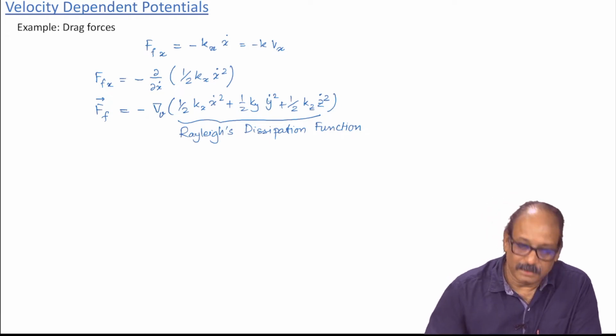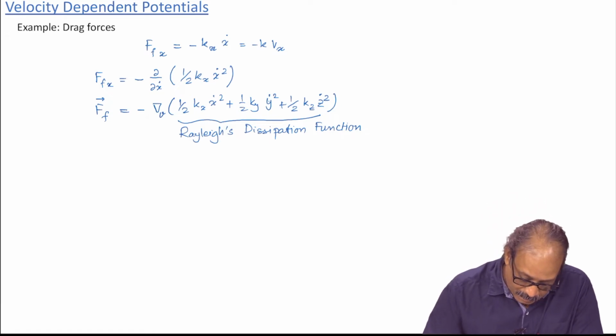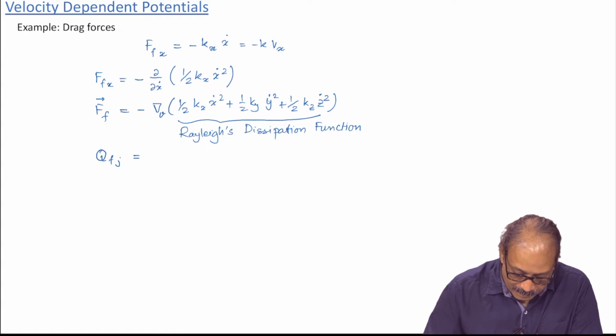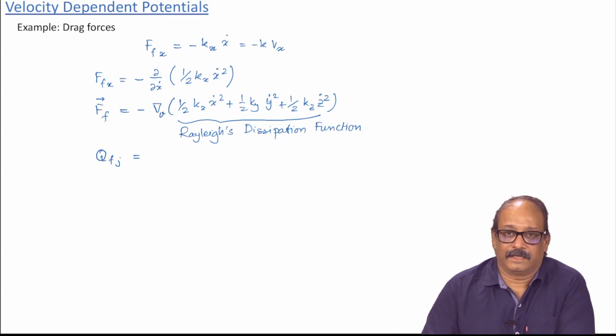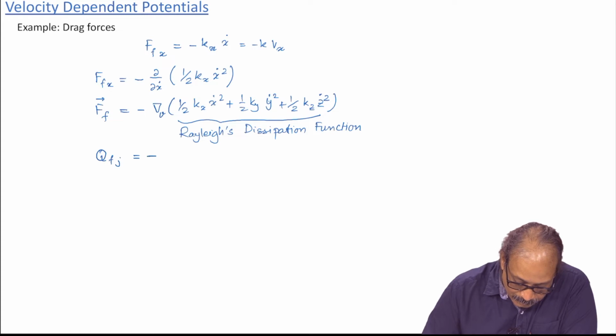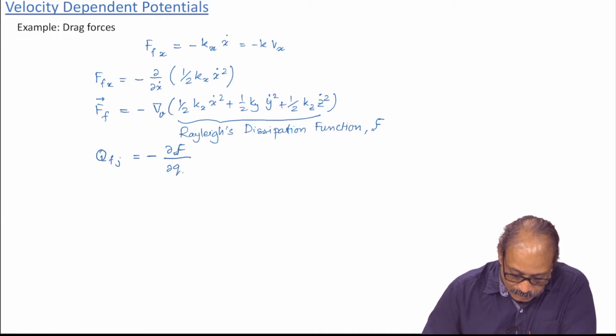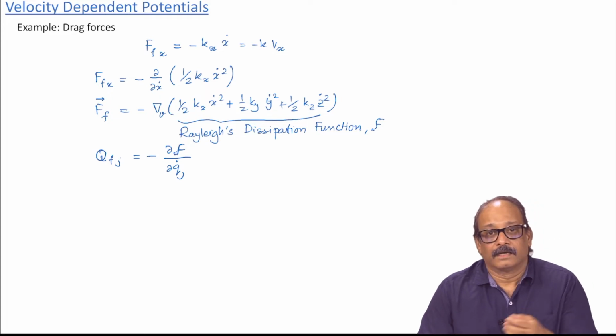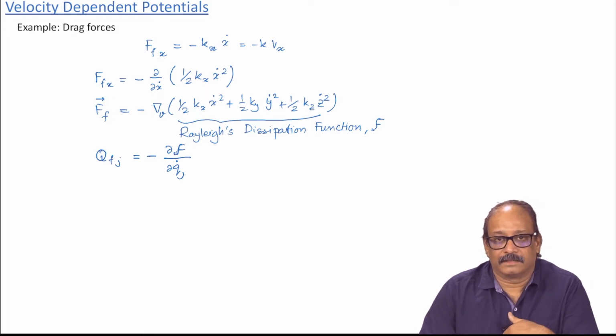And you can also put this in terms of the generalized coordinates, in which case the corresponding Qj, in fact you can see that this is very easy, it will turn out to be minus del F, I will denote this by curly F, del of curly F with respect to qj dot. Okay. Put this back into the Lagrangian.